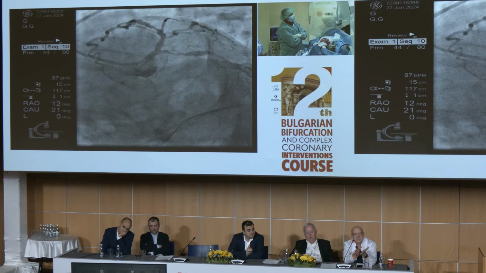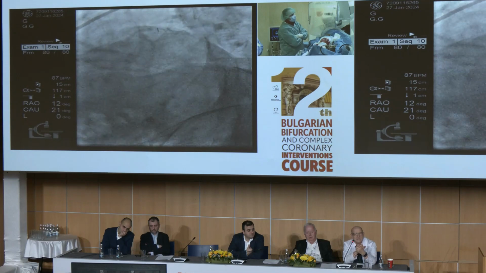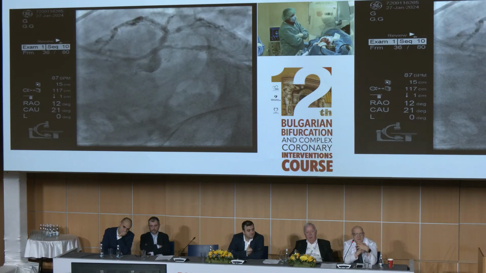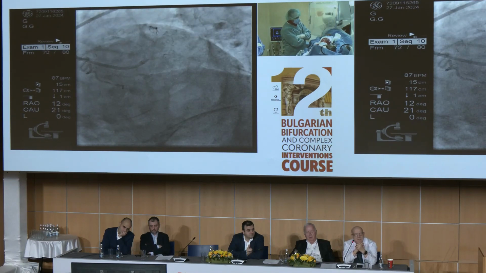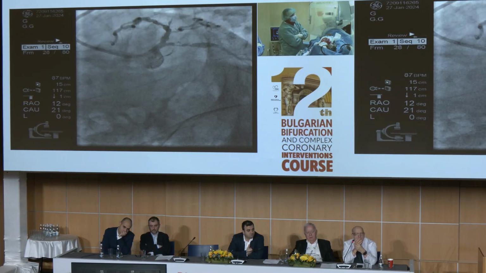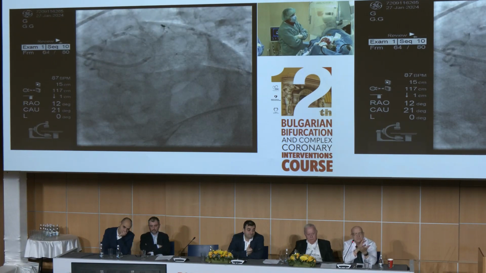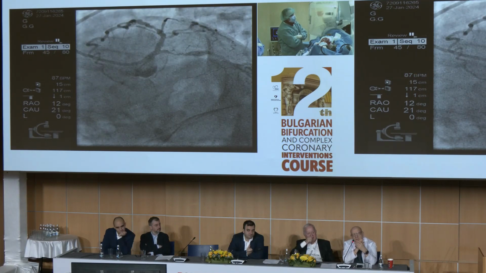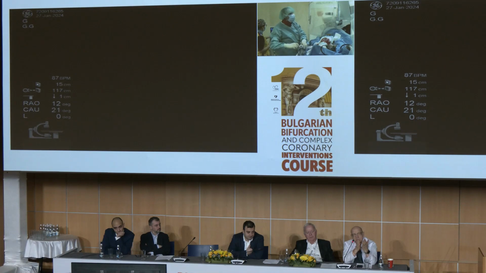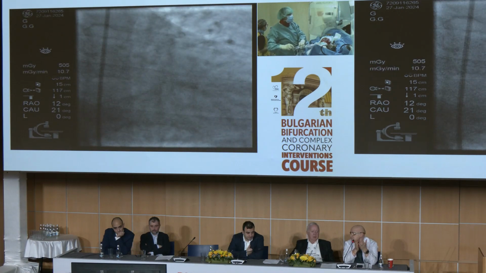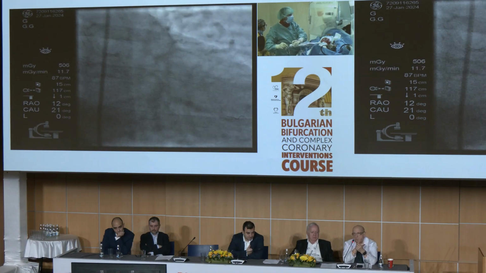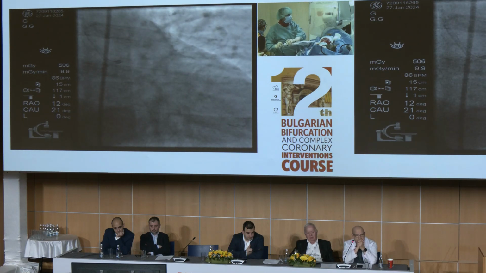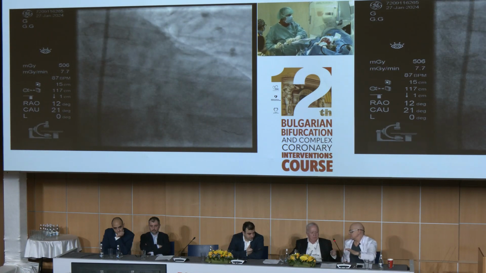I mean, we have a big marginal and a relatively big circ, but I think a stent that can accommodate about 2.75 up to 3 will do the job, even 2.5, because in my view, even if the ostium is big, it is not justified to think of going into the circ and after that into the left main, especially in this patient. Do you agree? What do you think?